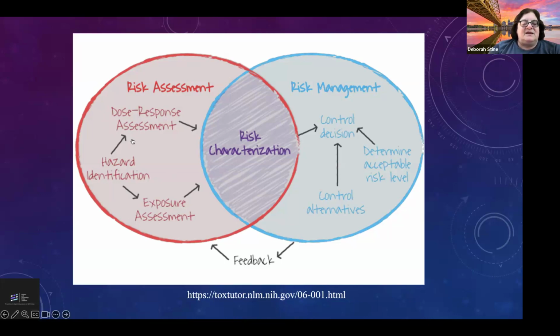And when you put all this together, you get what's called risk characterization. And then this risk characterization, along with different ways to control the risk to reduce, say, the amount of asbestos to an acceptable level, is fed into the risk manager, who makes that decision.